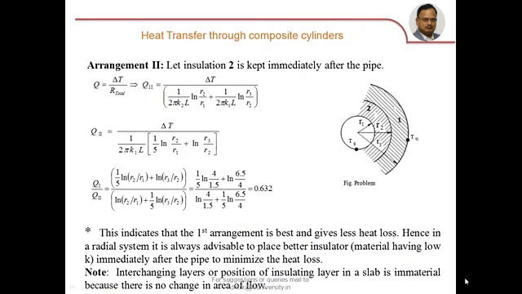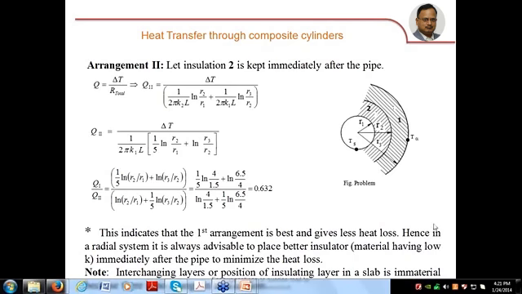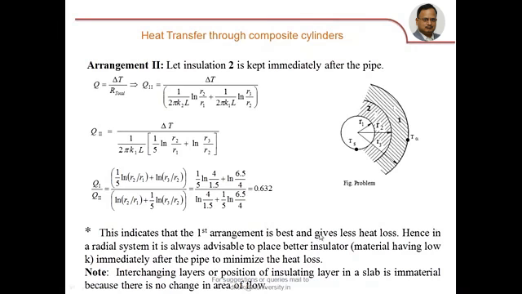Interchanging the layers or position of insulating layers in a slab is immaterial because there is no change in area of flow. See, this situation occurs only for cylindrical systems because as you go on adding layers, the area keeps changing. But in slabs, whether the layer is initially or afterwards, that L1 by K1 A1, L2 by K2 A2, they interchange.